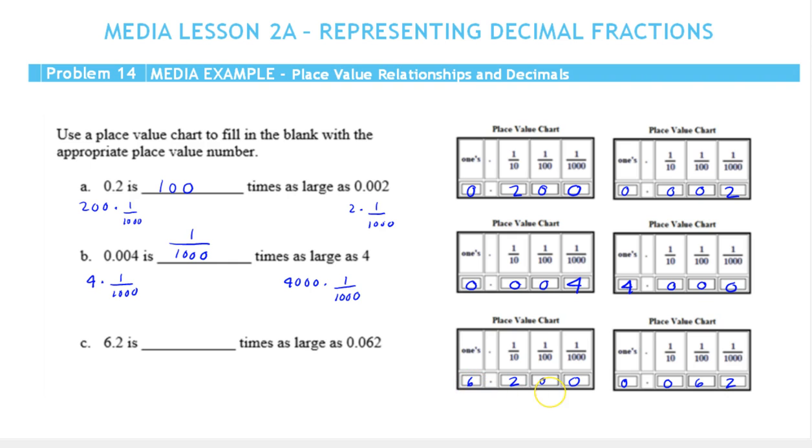This would be 6.2 is 6,200 thousandths. And this would just be 62 thousandths.